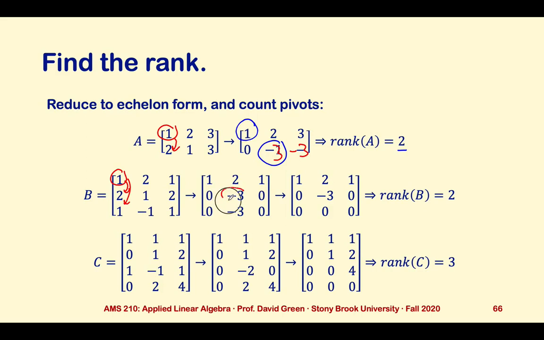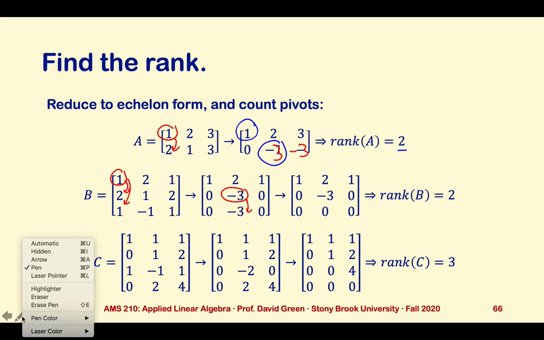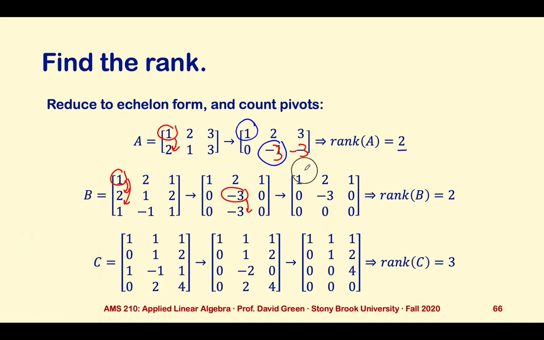Then we move over to our next pivot, eliminate downwards. The rows are identical, so this gives us a 0 row. We now are in our echelon form, 1 pivot, 2 pivots. 2 pivots, the rank of this matrix is also 2.